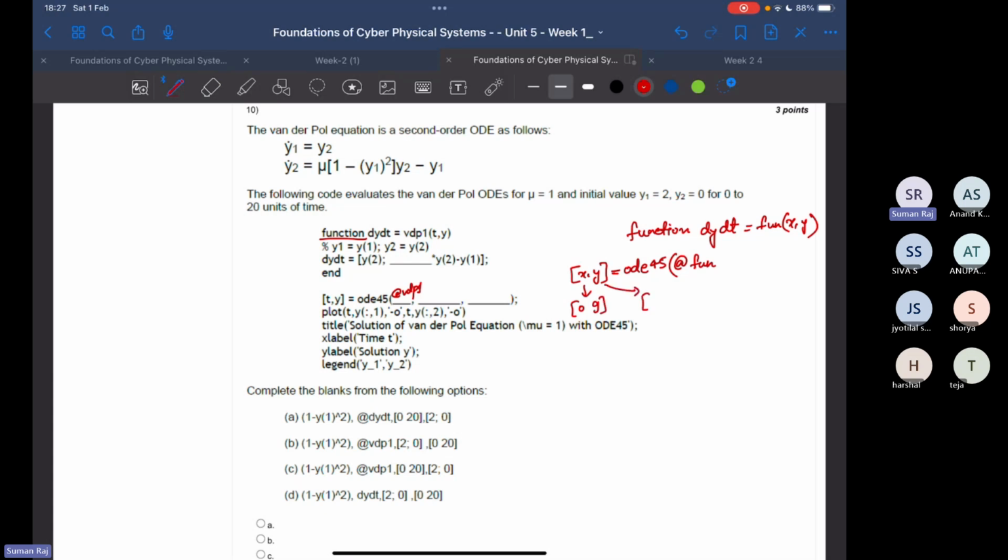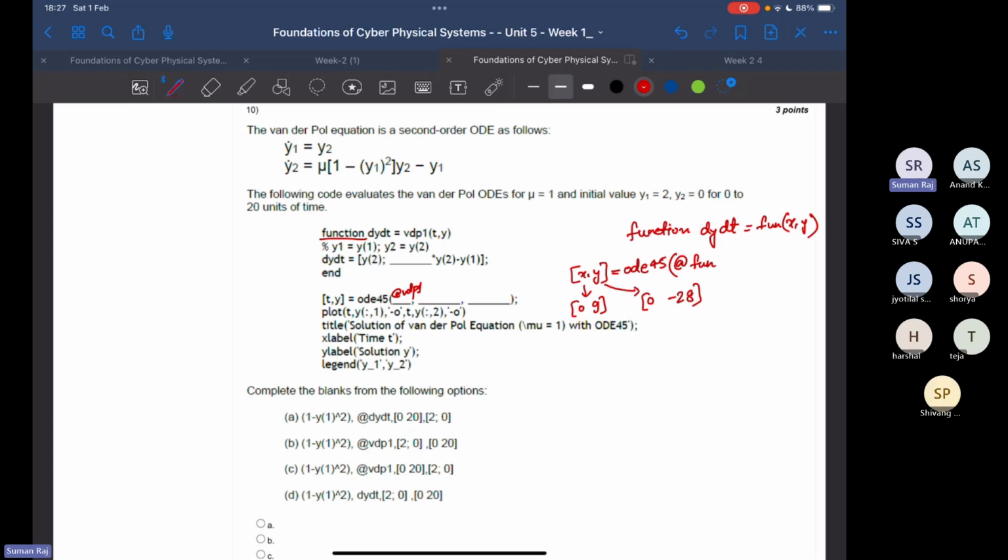And y varies from what? For them it is 0 and minus 28. So for you, you have two variables, y1 and y2, right? The initial values of these two are 2 and 0, and your time is 0 to 20, correct? So accordingly you can fill.